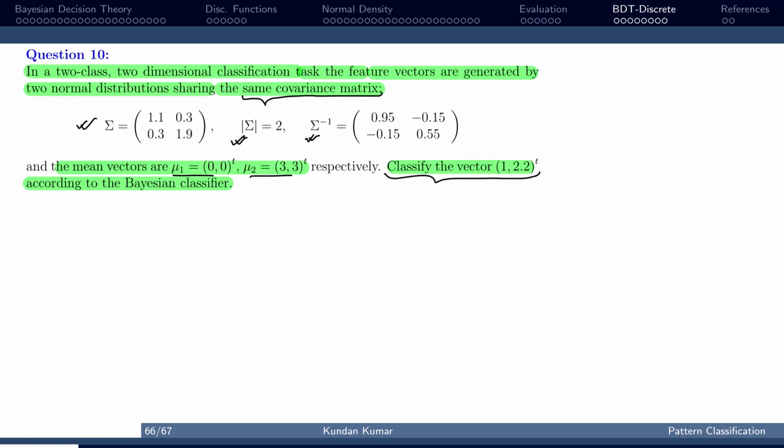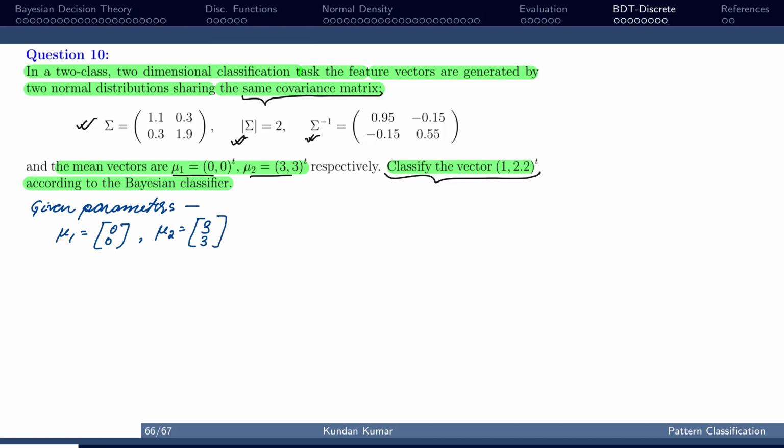So here we have the given parameters: mu1 equal to 0 0, mu2 equal to 3 3.